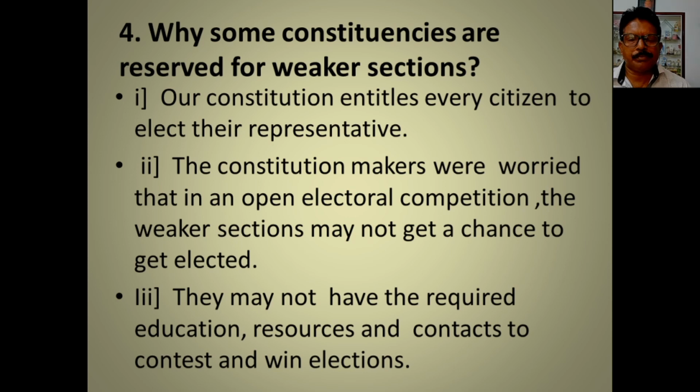The constitution makers were worried that in an open electoral competition, the weaker sections may not get a chance to get elected. That was their fear. In an open electoral competition, the scheduled castes and scheduled tribes may not get a chance to get elected.